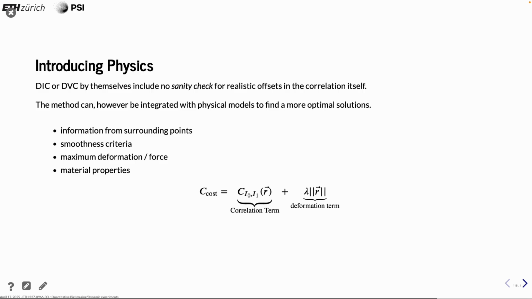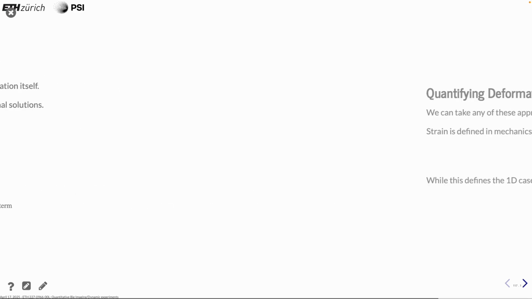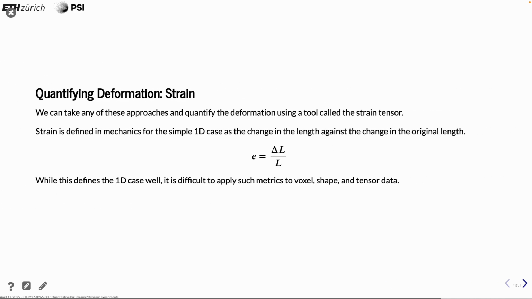And with that, you can actually get deformation terms out of the images, so you can get deformation fields in your images with that. And with that, we can also quantify the deformation in terms of strain, which is the local displacement over the position.